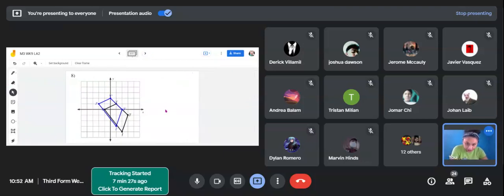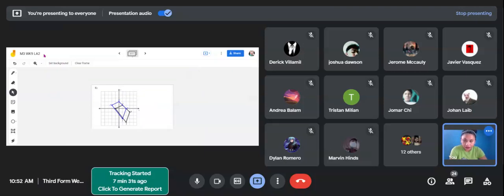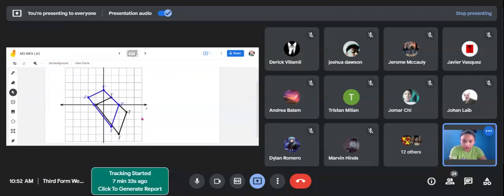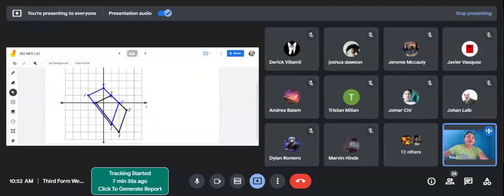Let's look at the second one. Look at where V is and V1, where T is and T1, I and I1, and J and J1. Who can tell me what happened to this shape? What movement happened? It went up.